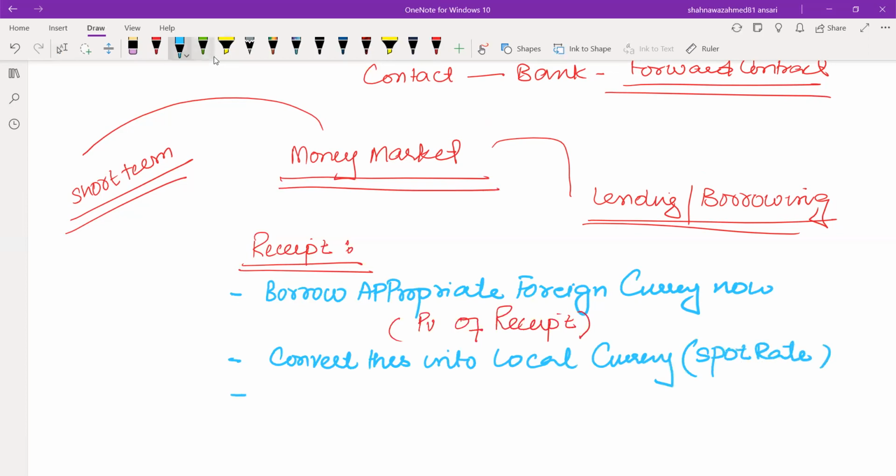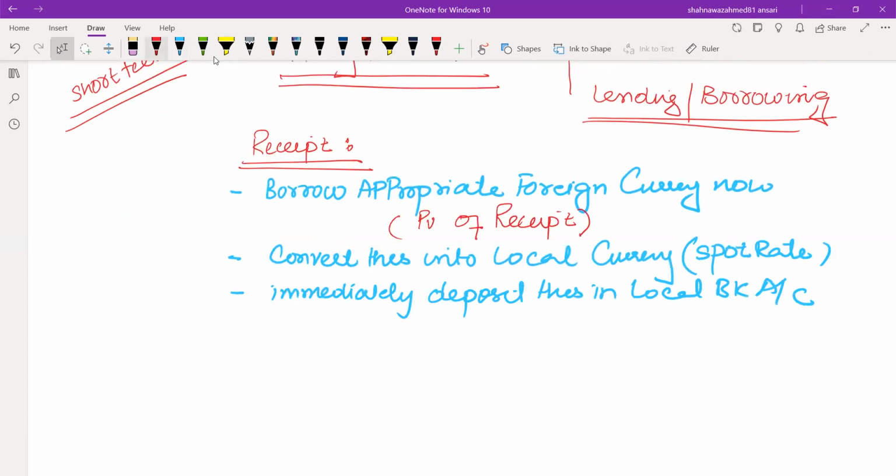And then immediately deposit this into a local bank account, or the domestic currency bank account. Now these three are the steps: step number 1, step number 2, step number 3.